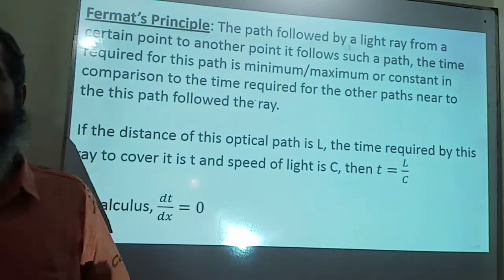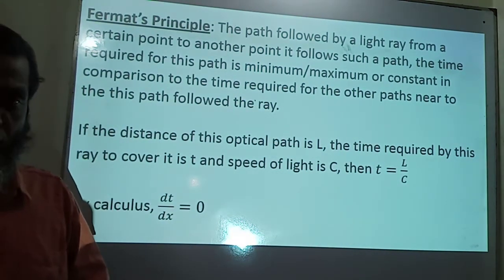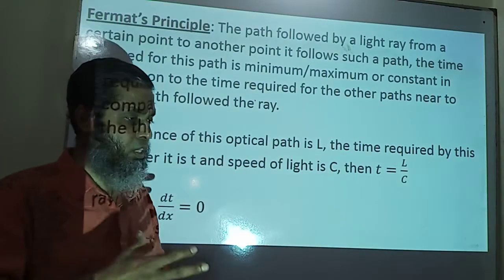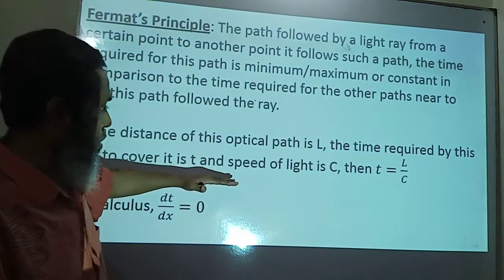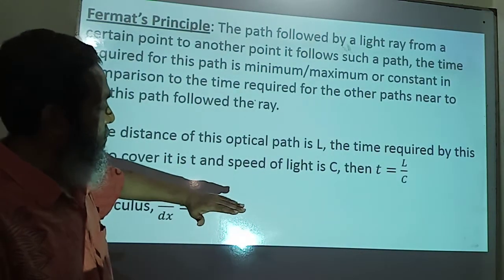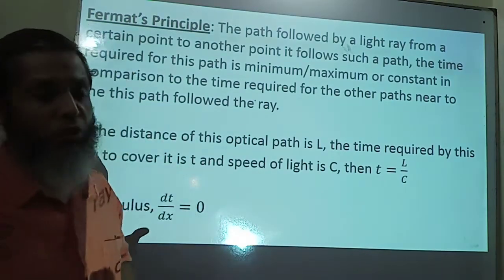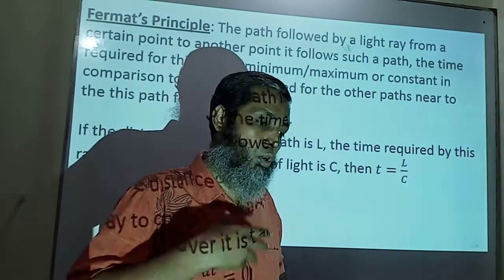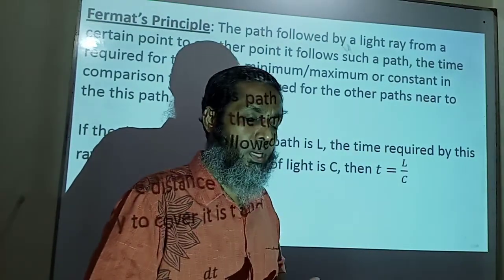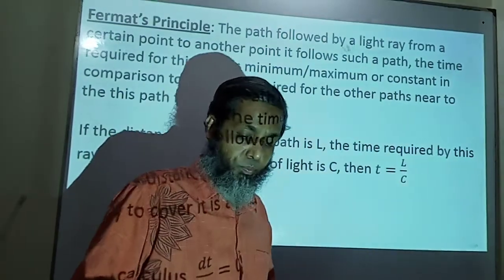The theoretical proof is that with the help of established laws, if we can prove these laws with the proposed hypothesis, then the hypothesis is accepted as a principle.